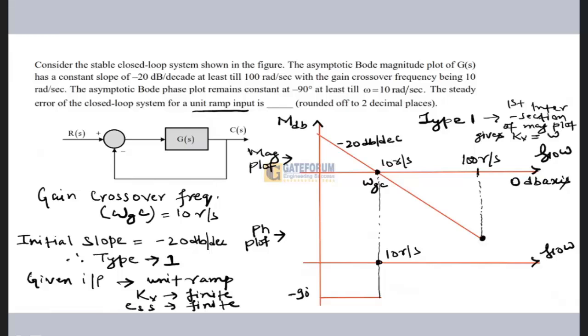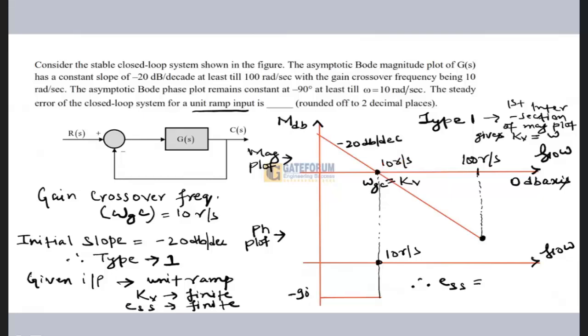So this omega is nothing but Kv. Therefore the error will be finite, and the value of Kv is equal to omega, which is 10 radian per second.